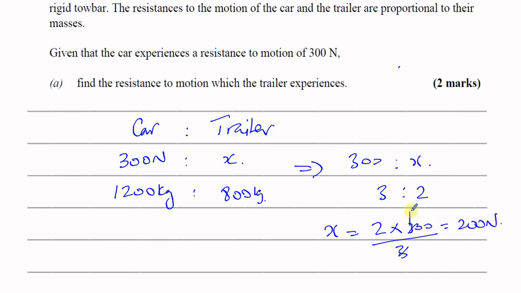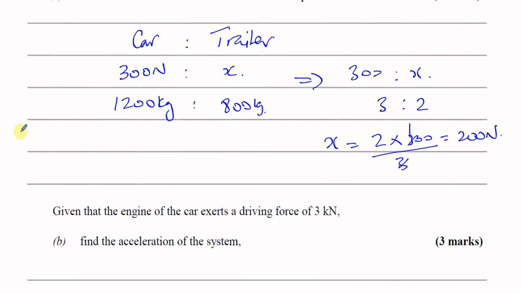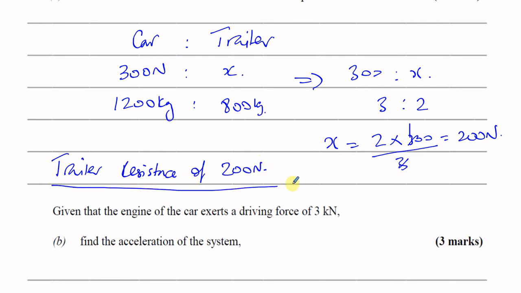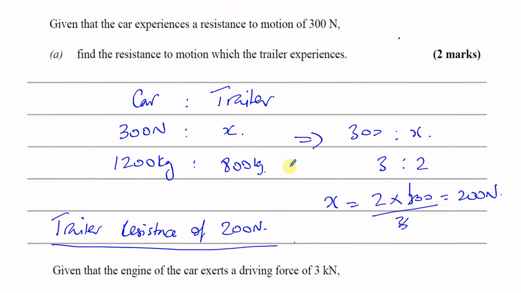So the trailer has a resistance to motion of 200 newtons. There's the answer to part A. It's just simple proportion here.